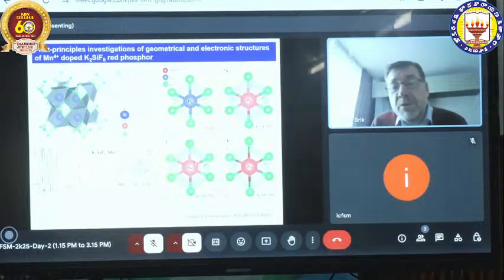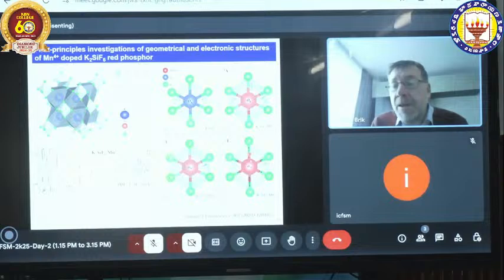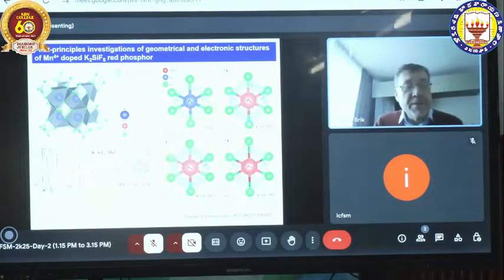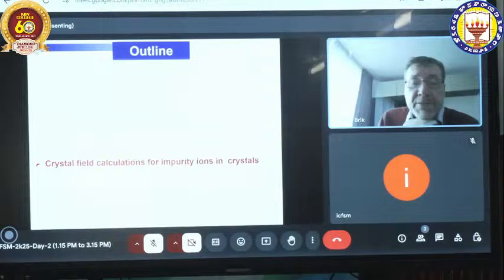Then we can see how the geometry is changed because of electron excitation and because of interaction of electrons with ligands. So we have a kind of tetragonal deformation, which is explained by the Jahn-Teller effect in the excited states. So this is also an example of how we can get a handle on the Jahn-Teller effect for 3d ions.